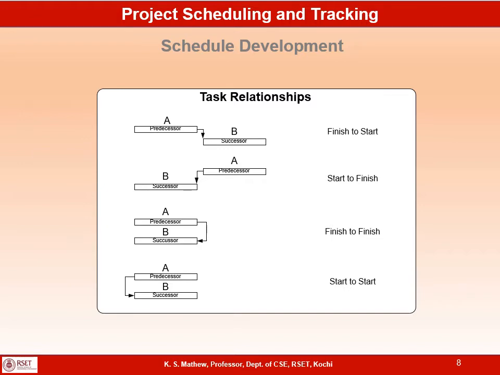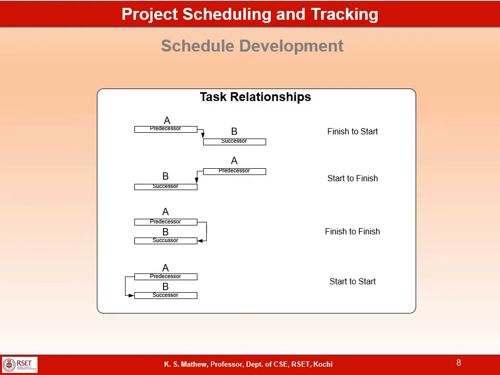The fourth type of relationship is start to start. In this case, B starts only after A starts. B can be started only after A starts. Unless A starts, B cannot start. That is the start to start relationship.